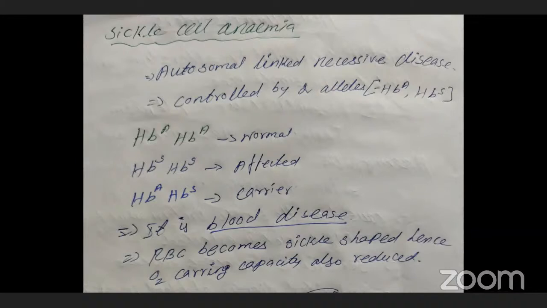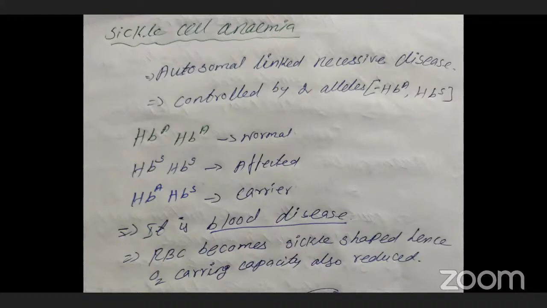Sickle cell anemia is controlled by two alleles, HbA and HbS. Here HbA is the normal one. So a person having HbA and HbA is normal and is not affected by sickle cell anemia.